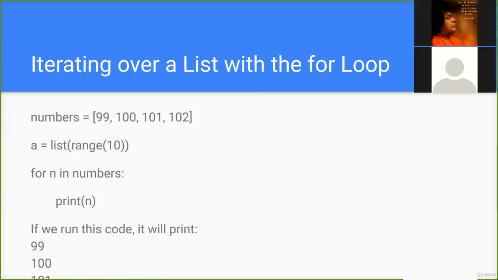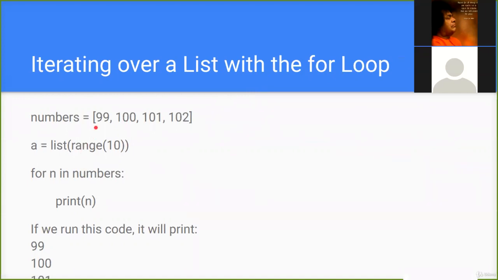Next comes the concept of iterating over a list with the for loop. We had seen that we could be using the for loop in this way.